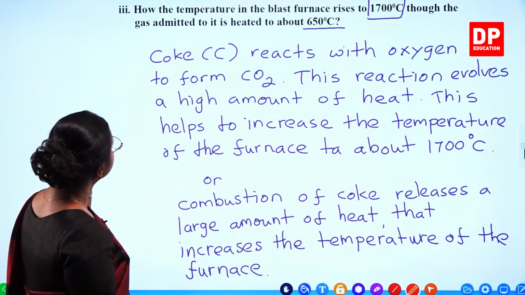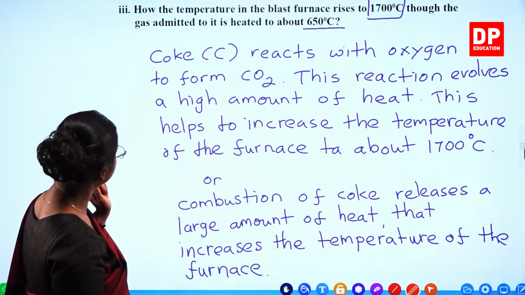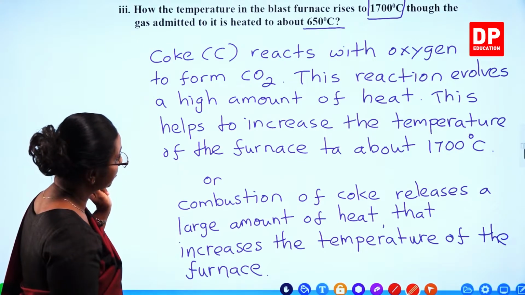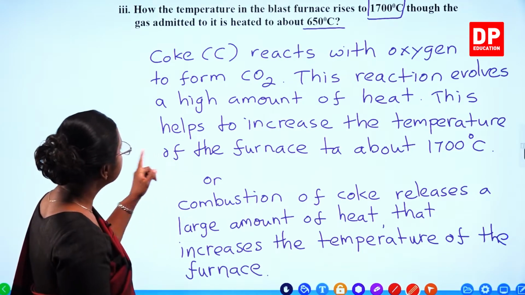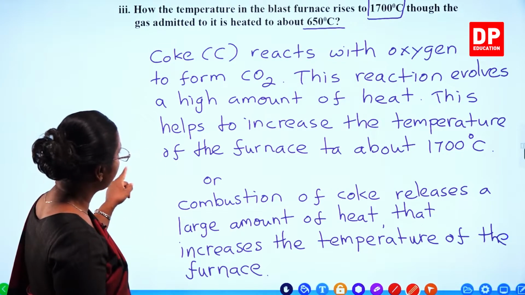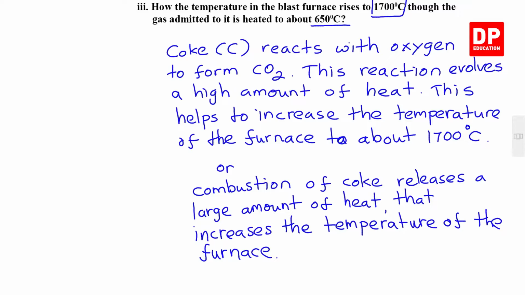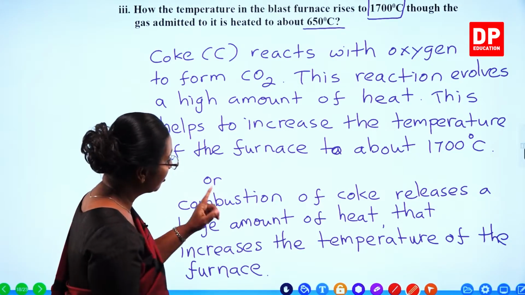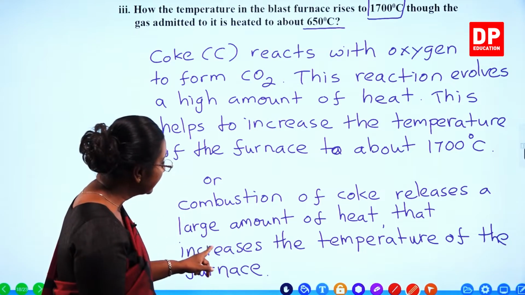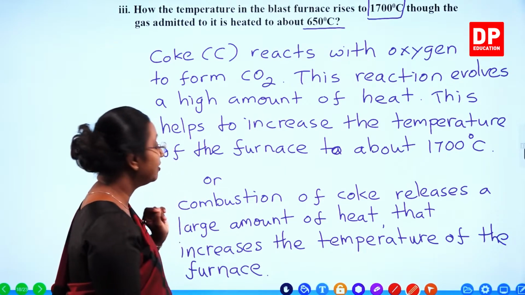So here we can see coke, that is carbon, reacts with oxygen to form carbon dioxide. This reaction evolves a high amount of heat, and this helps to increase the temperature of the furnace. This has to be about 1700 degrees Celsius. Or else we can say combustion of coke releases a large amount of heat that increases the temperature of the furnace.